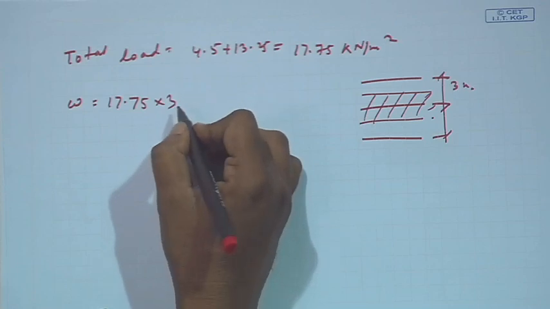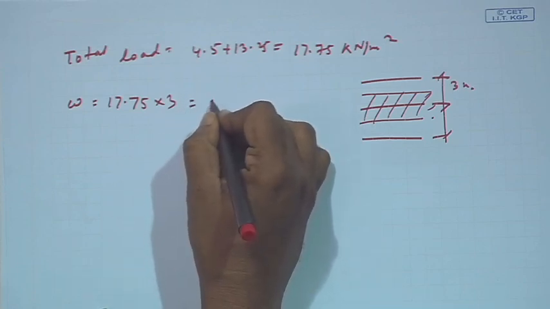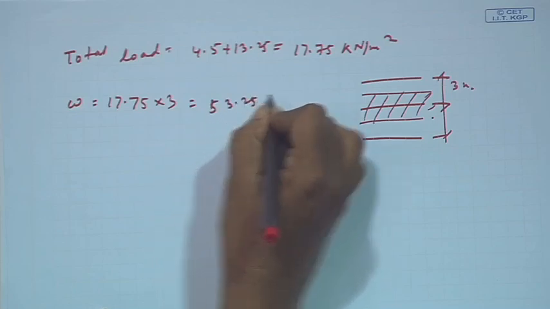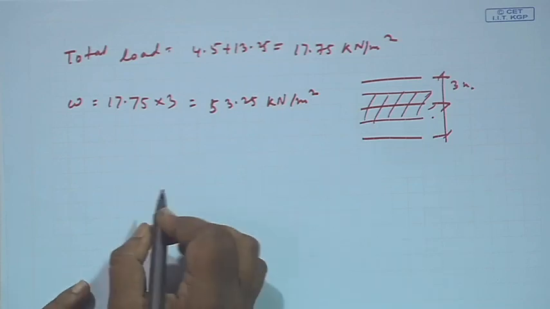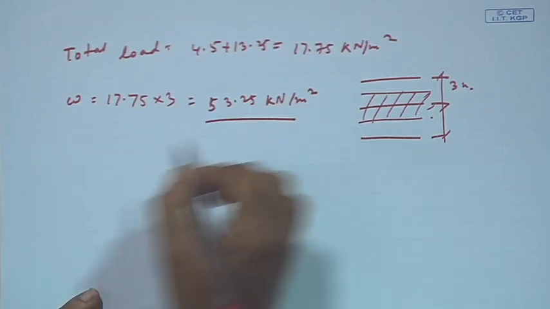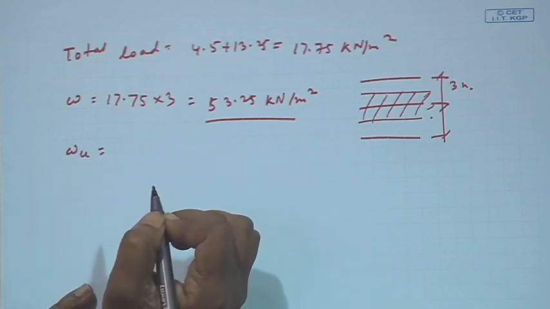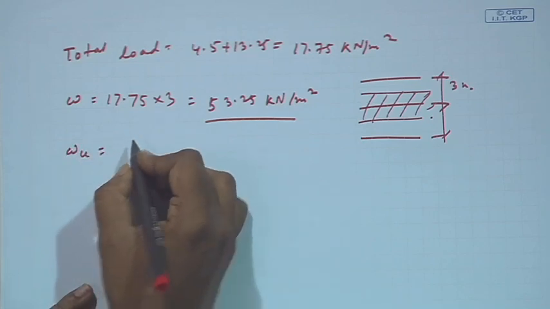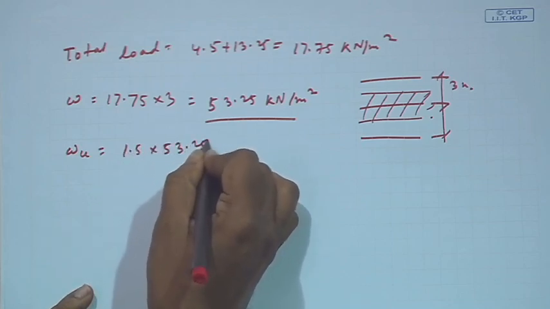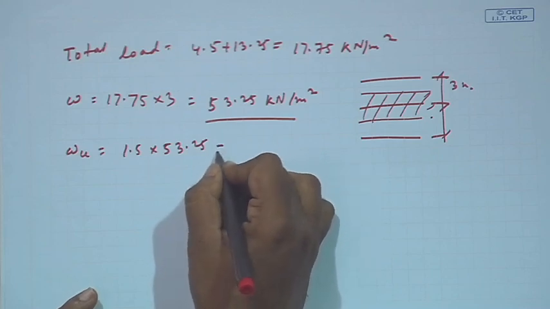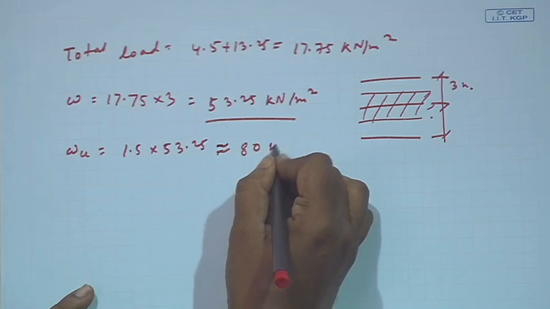This is the influence area. So, that is becoming 53.25 kilonewton per meter. So, total factored load, say Wu, is 1.5 into 53.25 because it is dead load and imposed load, so load factor will be 1.5. So, this is coming almost 80 kilonewton per meter.